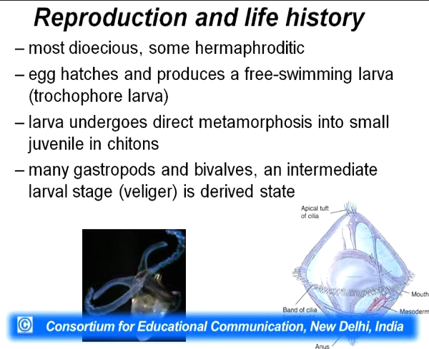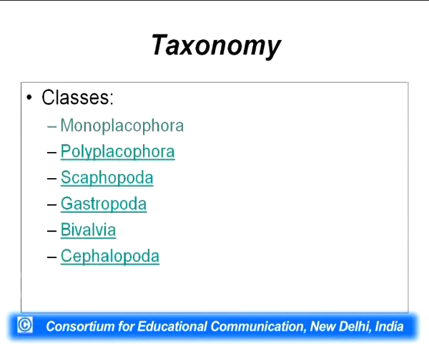The larva is a free swimming form, and for the swimming they have got a band of cilia wrapped around the body. In other mollusks, like the bivalves, they have got another larva which is called the veliger larva.